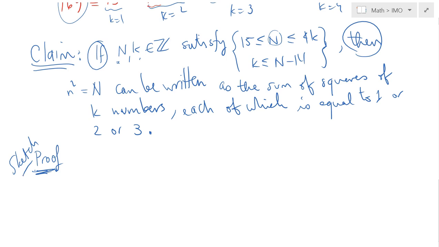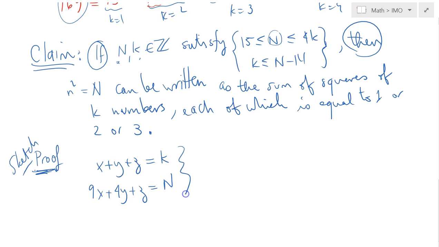So I claim that what this claim is telling us is that x plus y plus z, the number of 3s, 2s, and 1s combined, should be equal to k, where x is the number of 3 squares, y is the number of 2 squares, and z is the number of 1 squares, and second of all, 9x plus 4y plus z, that is 3 squared x plus 2 squared y plus 1 squared z, must be equal to n.